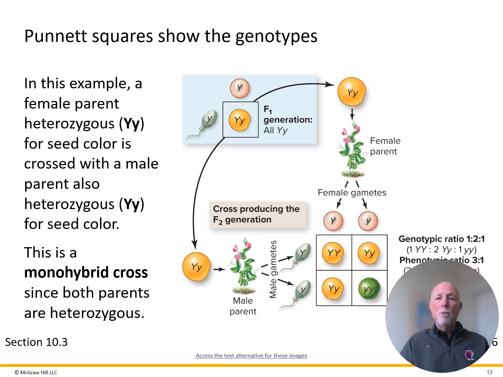If we could do it in humans using 2 traits, hair color and eye color, you would call that a dihybrid cross. We could even do trihybrid crosses. They get quite complicated, but we're only going to do what we call monohybrid crosses, crosses between 2 parents involving 1 trait.